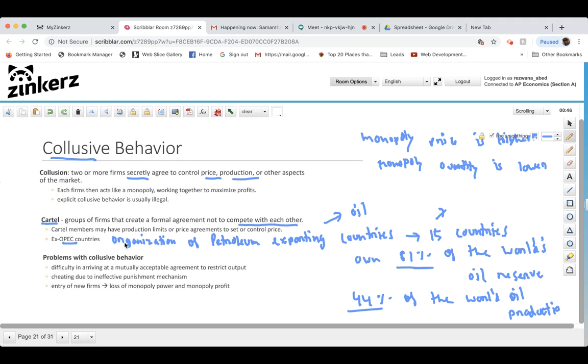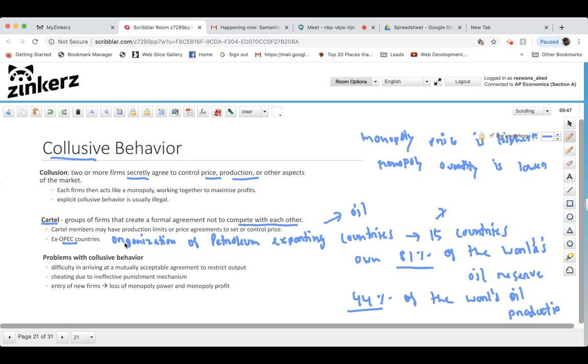But then there are some problems with collusive behavior. There can be difficulty in arriving at a mutually acceptable agreement to restrict output, like how much you're going to produce, how much I'm going to produce. It's a group of 15 countries, as you can imagine. Everybody has their own agenda, so it can be very difficult for them to reach a negotiation. Also, there can be cheating.